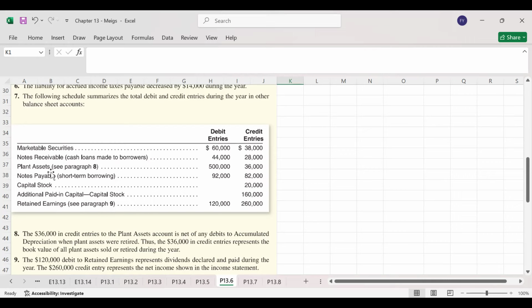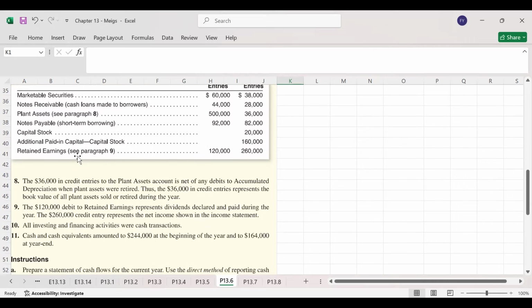For the detail of plant assets, we have paragraph 8, in which you can see that $36,000 in credit entries to the plant asset account is net of any debits to accumulated depreciation. Whenever we sell any asset, we record the asset on the credit side, and all accumulated depreciation related to that asset on the debit side.